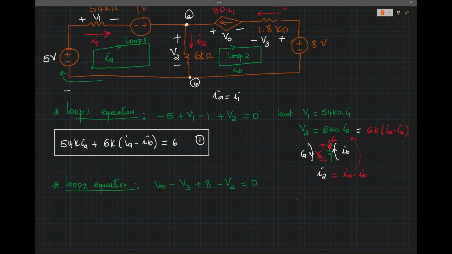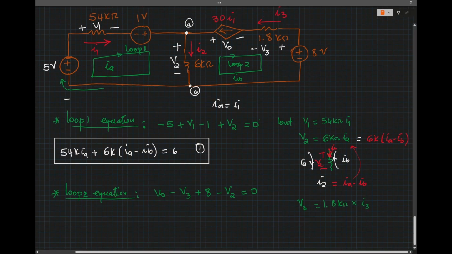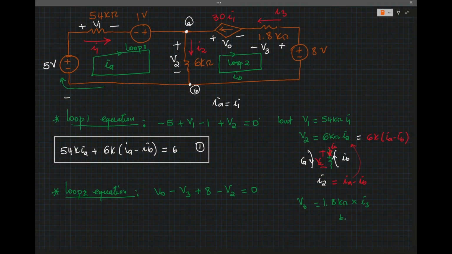So what is V3? We know V2 already. V3 is equal to 1.8 kilo ohm times I3. But I3 equals minus IB.